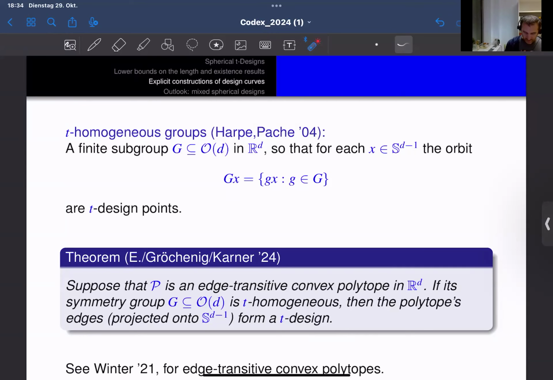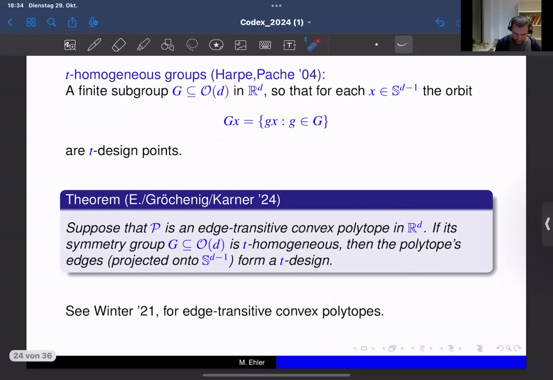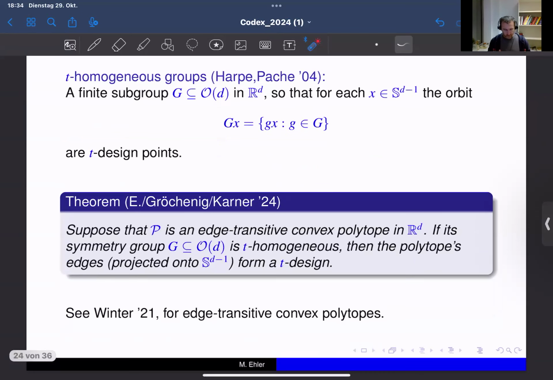And now we came up with the following theorem. Suppose P is what's called an edge-transitive convex polytope. Let's forget about edge-transitive. Let's just say we look at special convex polytopes in R^d. Those polytopes, if they are nice, also come with a nice symmetry group, which means the symmetry maps the polytope onto itself.